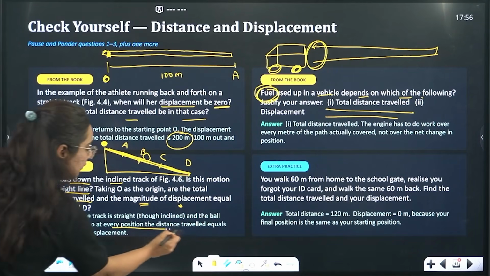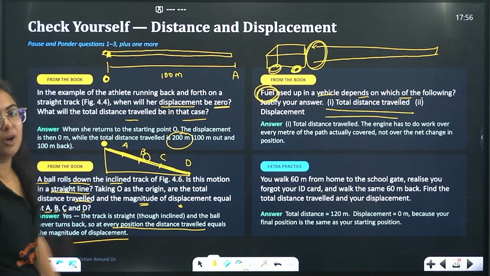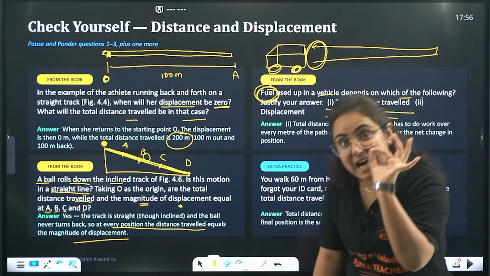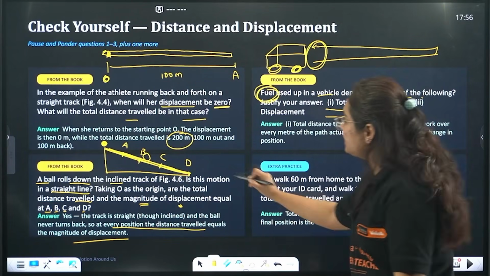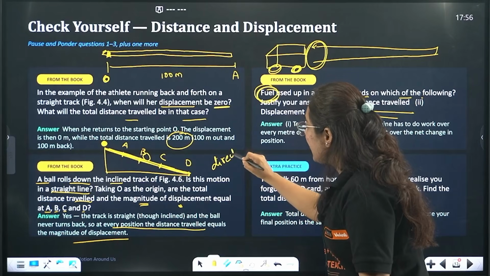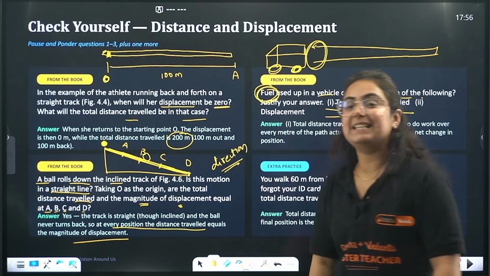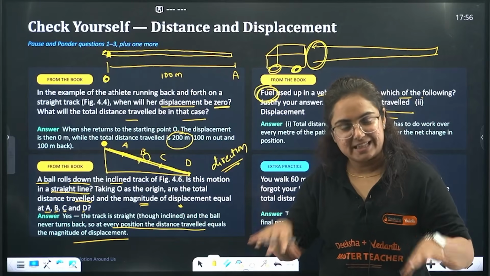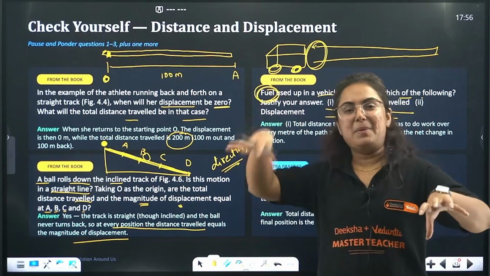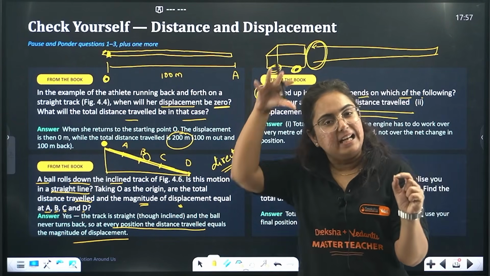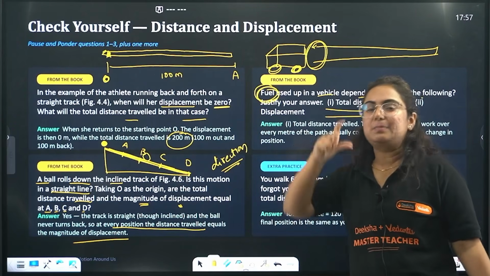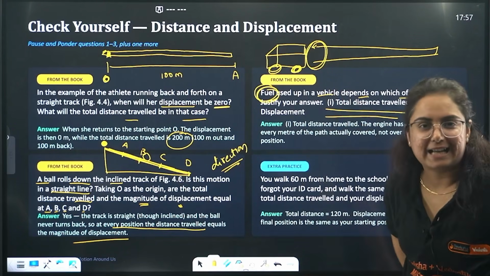So the distance traveled will be equal to the displacement. The displacement will change when the direction changes, and hence it is a vector quantity. We'll tell you about scalar and vector. This is the basic difference between distance and displacement: distance depends upon magnitude, displacement depends upon direction.